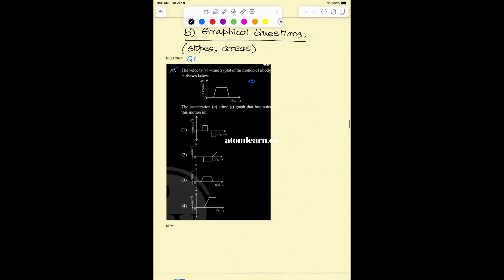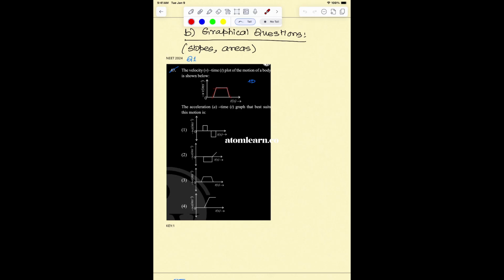The velocity versus time graph of the motion of a body is as shown. Now this is velocity versus time. It consists of three parts. One is increasing from left to right, then it is constant velocity with time, and then decreasing from left to right.